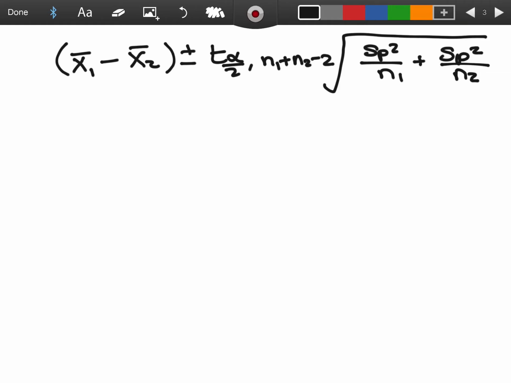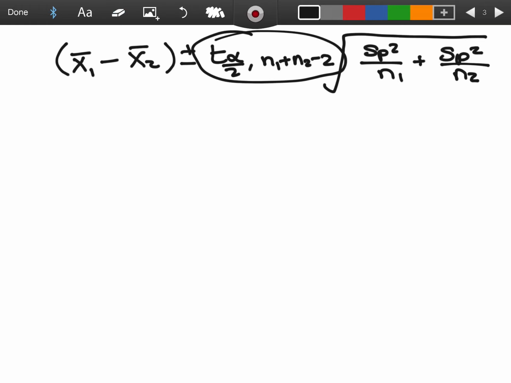You've got the difference in the sample means plus or minus some T value, this is all one value, it's just some T value, times the standard deviation of the difference in the sample means. Again, don't worry too much about this formula, but this is what your calculator is looking at. It's very much the same as what we did in 12.1a. It's just that now we're looking at this T interval as opposed to a Z interval.